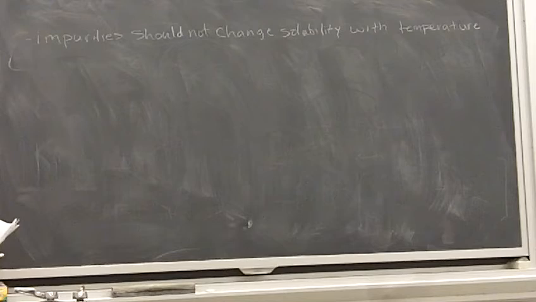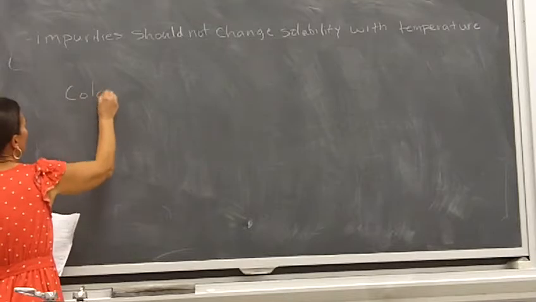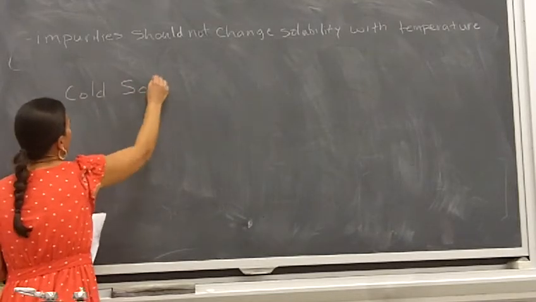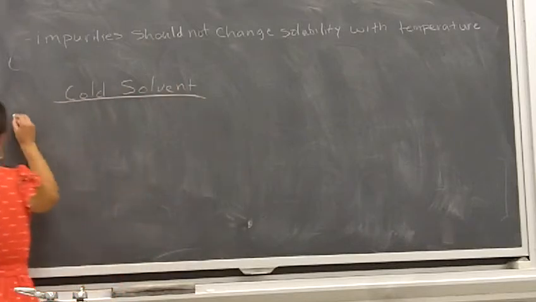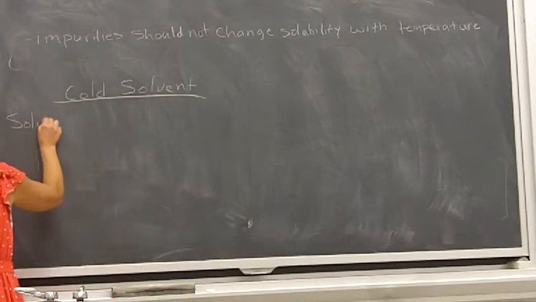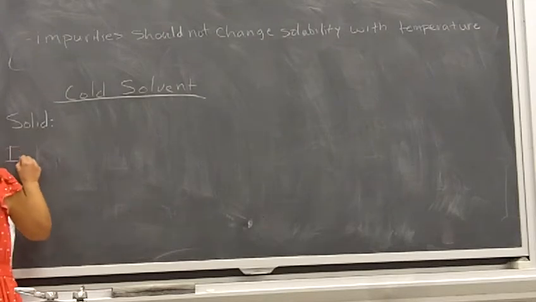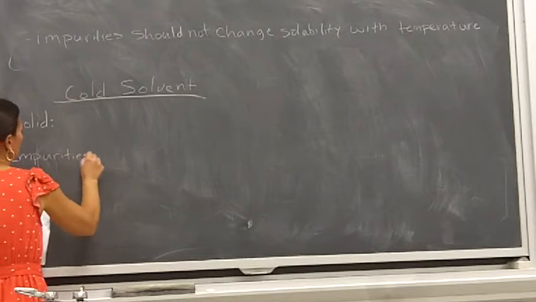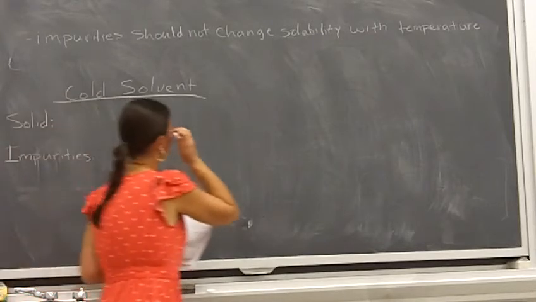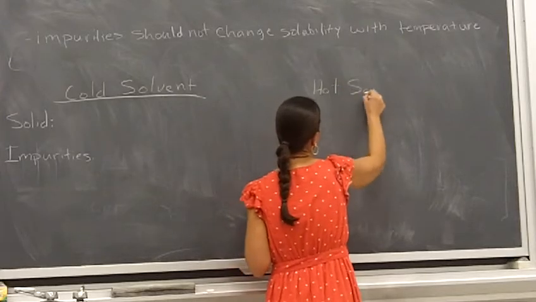So I'm going to give you an example here with hot solvent and cold solvent. What are we looking for? The solid that we want to purify will be defined that way versus the impurities, in cold solvent versus in hot solvent.